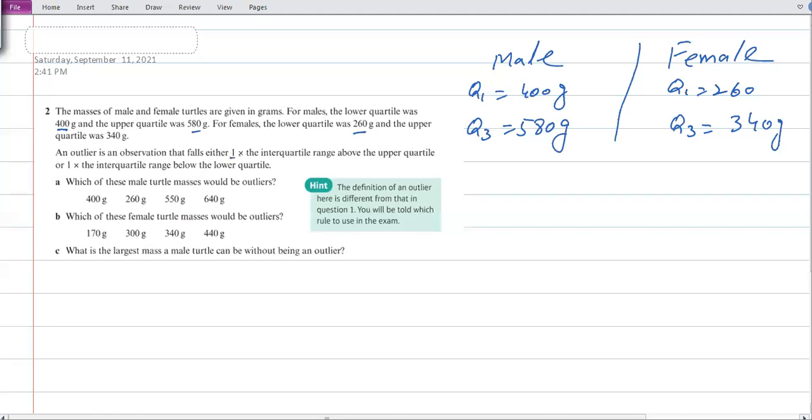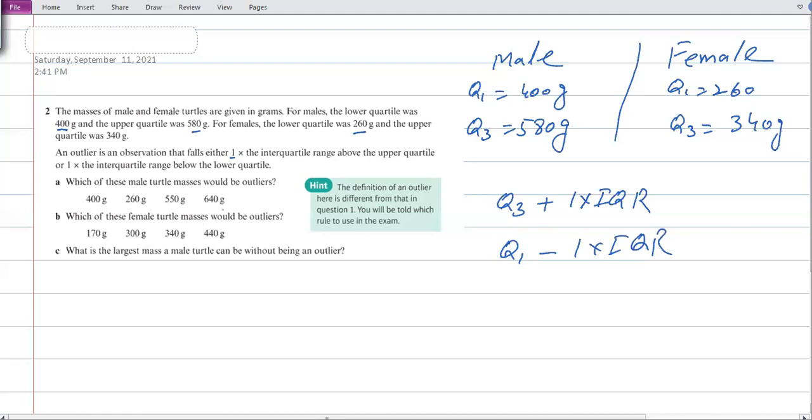But this time it is given as 1 time the interquartile range above the upper quartile, so Q3 plus 1 into interquartile range, or 1 time the interquartile range below the lower quartile, so Q1 minus 1 into interquartile range. So sometimes it might change, but if no definition is given, then it will be 1.5.